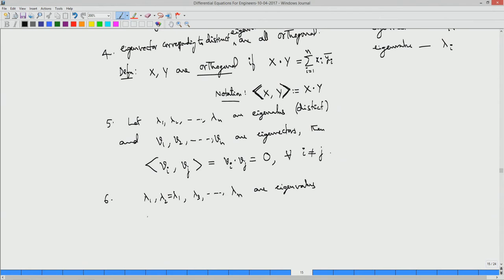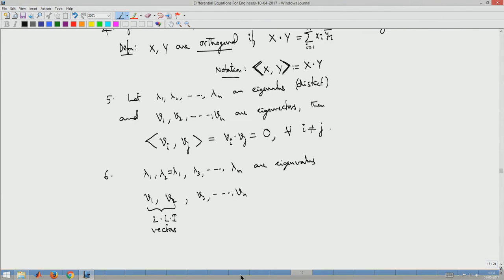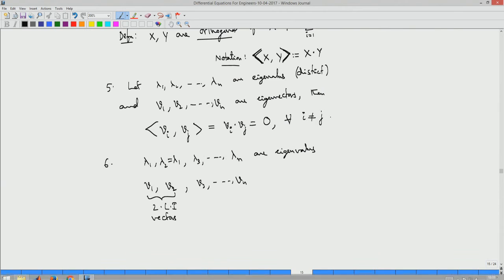Corresponding eigenvectors: V1 is an eigenvector, V2 is an eigenvector, two linearly independent vectors corresponding to lambda 1, and I will have V3, V4 up to Vn, all eigenvectors corresponding to distinct eigenvalues. If you consider any pair here, they are orthogonal to each other, but these two are not necessarily.